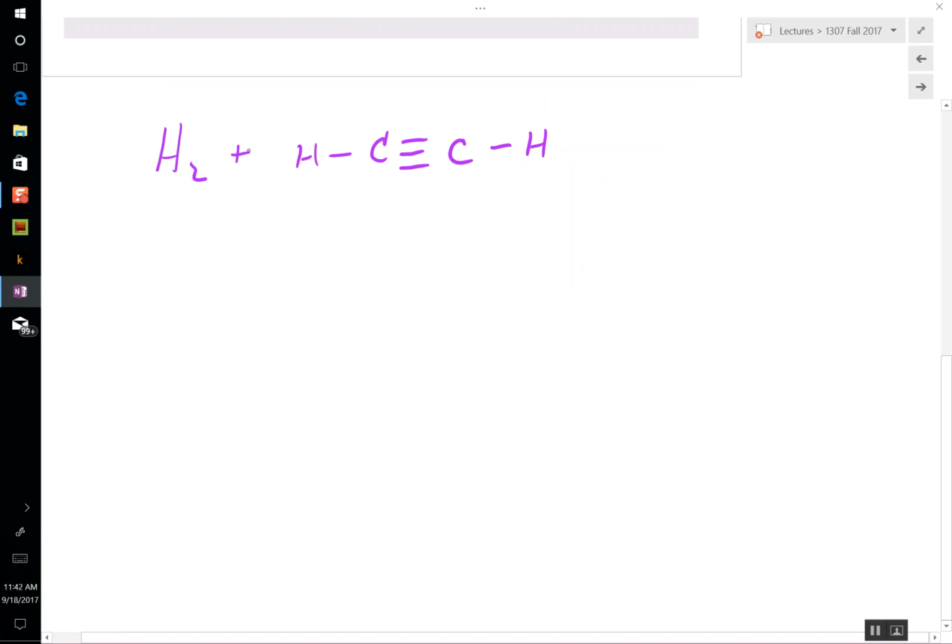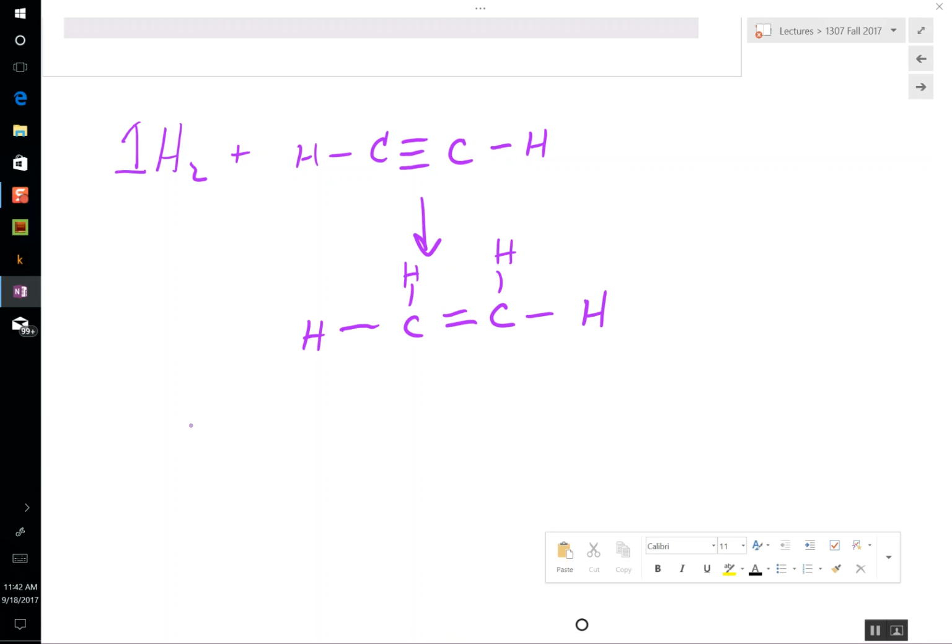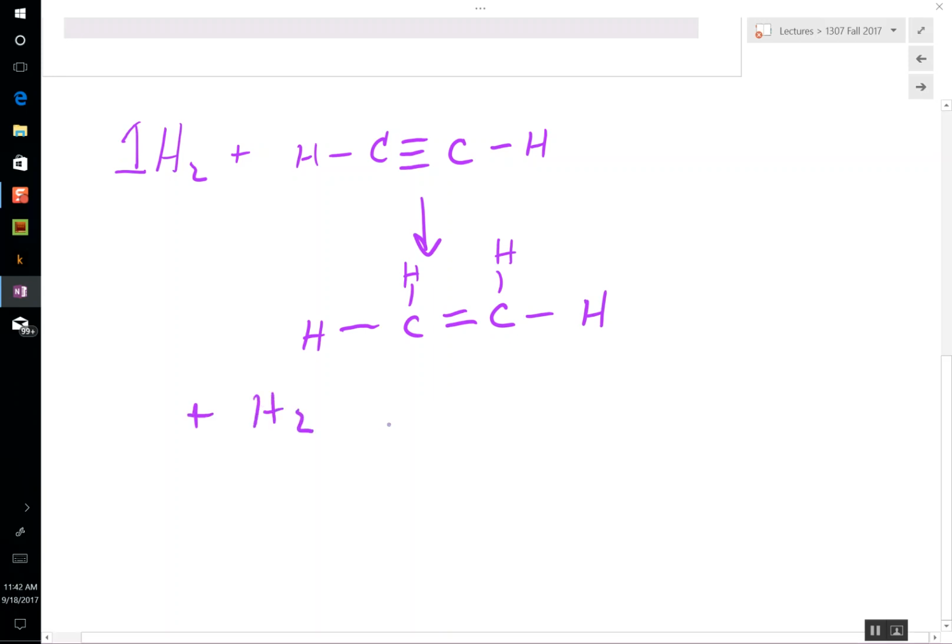Hydrogen will add across that triple bond. But what do you get? Well, one of these will get you here. One hydrogen. Then another hydrogen will completely saturate.